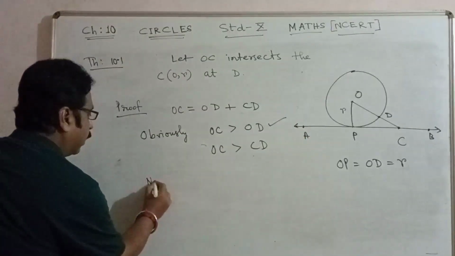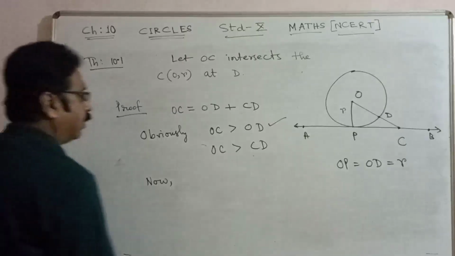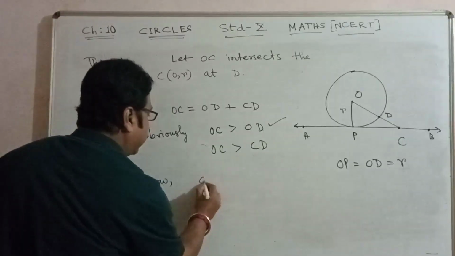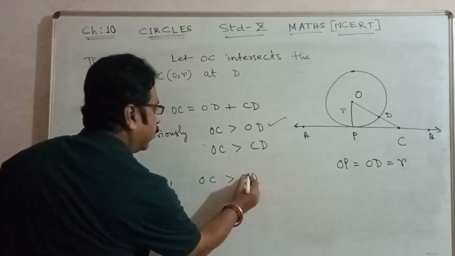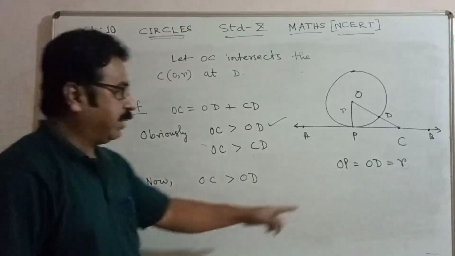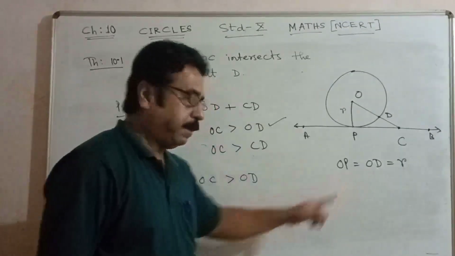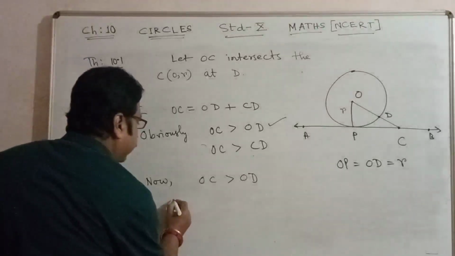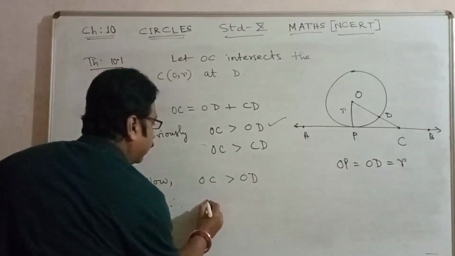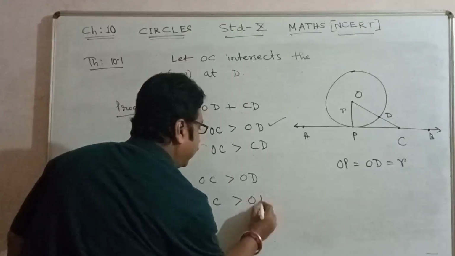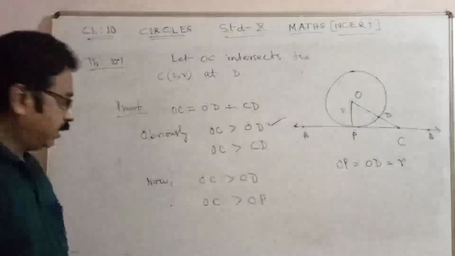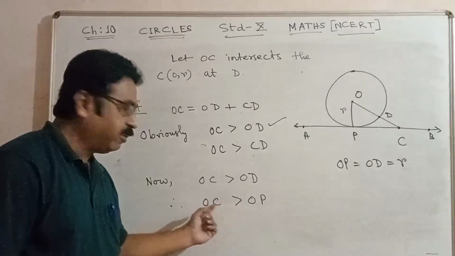Now, OC is greater than OD. In place of OD, we can write OP. Therefore, OC is greater than OP, or we can write OP is less than OC.